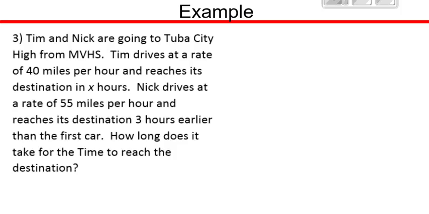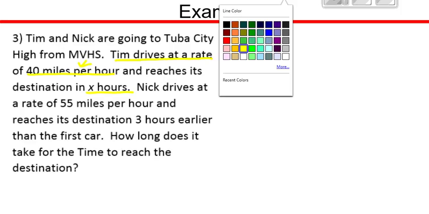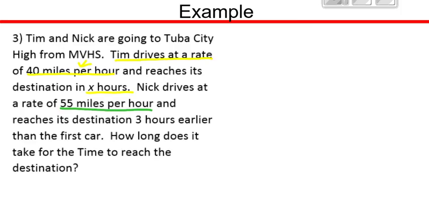All right. Tim and Nick are going to Tuba City High from Moonvalley High School. Tim drives at a rate of 40 miles per hour. So there's that word per again, multiplication, and he reaches his destination in X hours. Nick is driving at a rate of 55 miles per hour and reaches his destination 3 hours earlier.